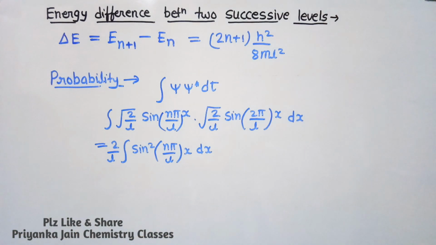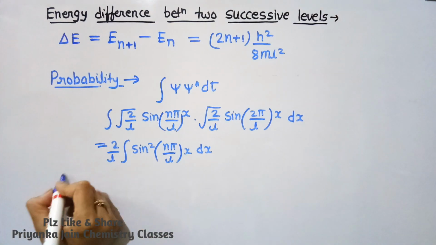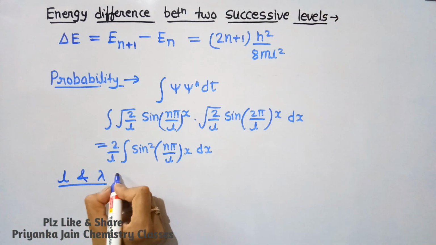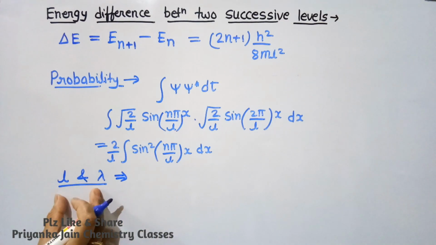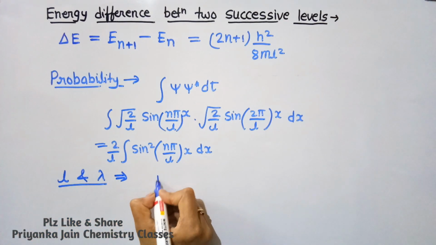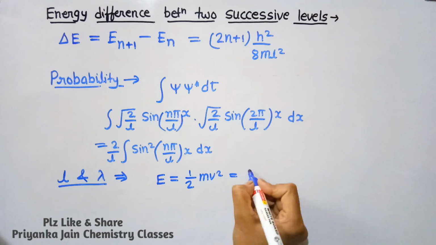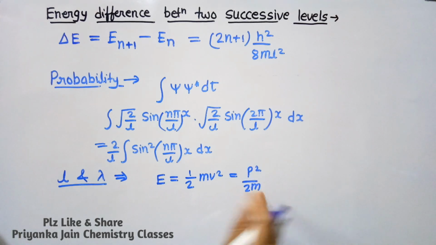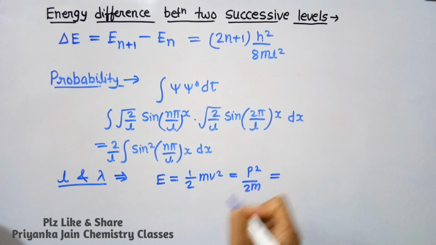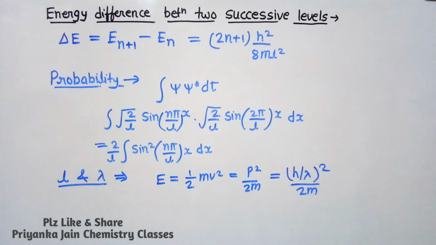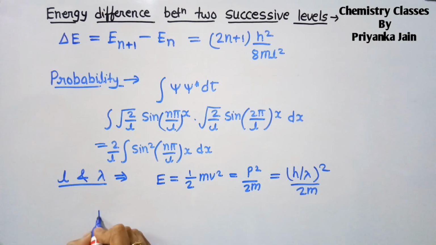Okay. Next thing is, what is the relationship between L and the wavelength? This we should know. One numerical may be asked from this. First thing, remember, we know that the energy is also given by half mv square, and we can write it as p square upon 2m. And from the de Broglie relationship, we know that p is equal to h upon lambda, so we can put it here. And in the case of the 1D box, we know the energy is given by n square h square upon 8 ml square.